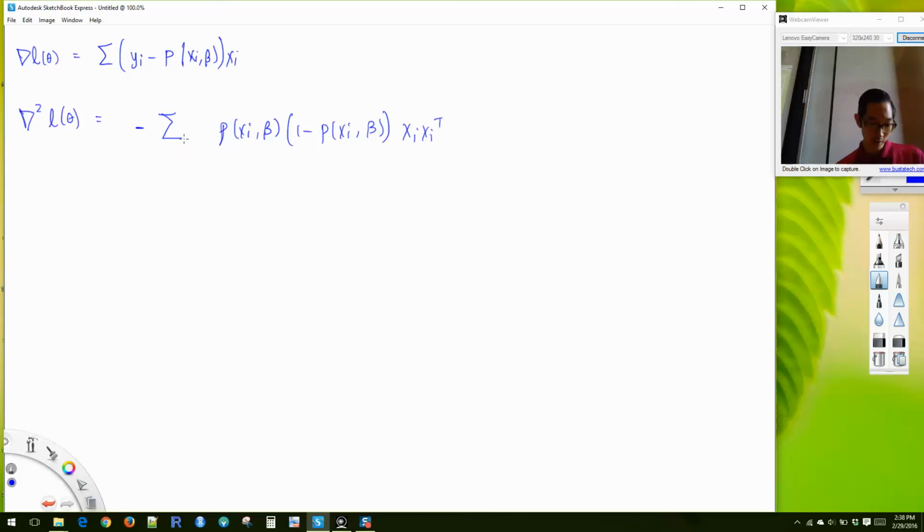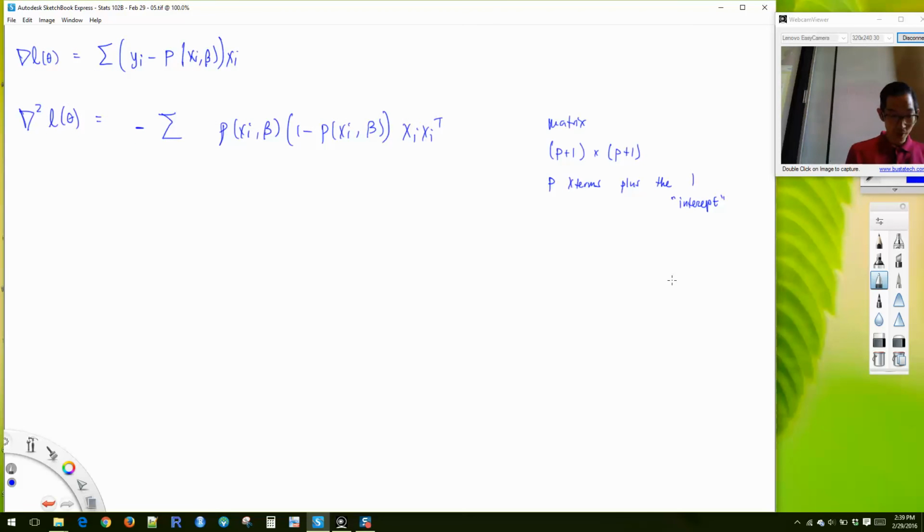This is a large matrix, a p plus 1 by p plus 1 matrix, because we have p x terms plus the intercept column of ones that we have in our X matrix here.